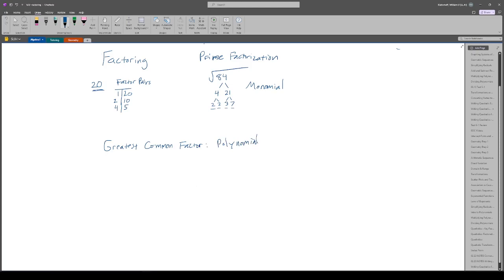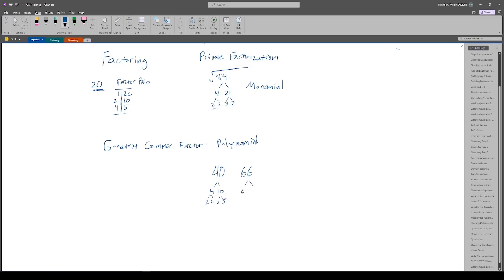If I have two different numbers, say 40 and 66, then I can find the biggest number that is a factor of both of them. I could do that using a factor pair list, or using prime factors. Let's prime factor both of these. For 40, I could do 4 and 10, then 2, 2, 2, 5.